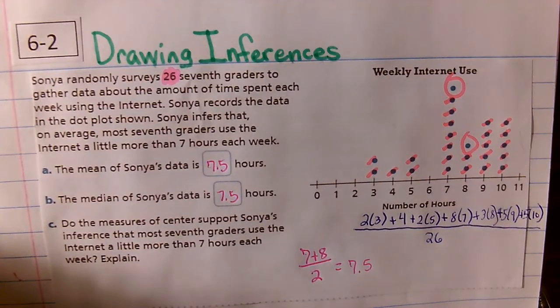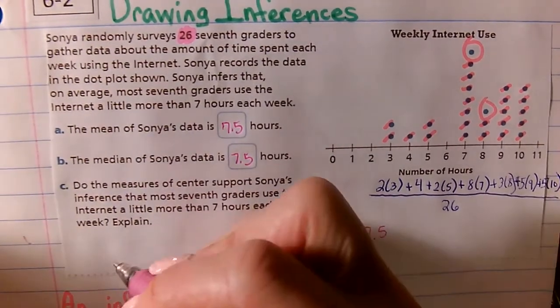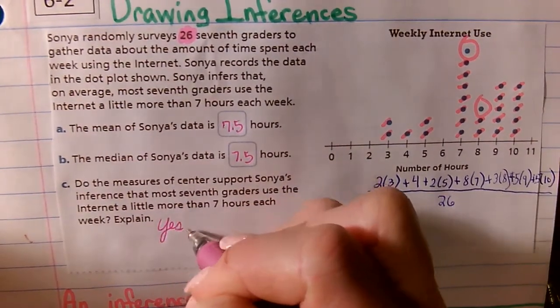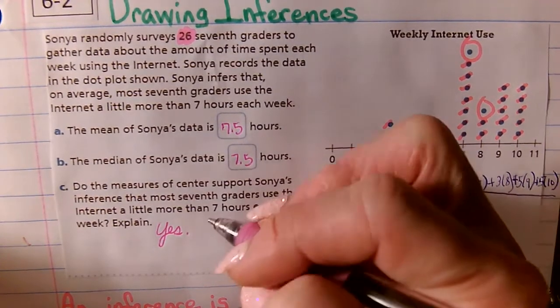Alright, so let's look back at her inference. She said, on average, most 7th graders use the internet a little more than 7 hours each week. Well, 7.5 hours is a little more than 7 hours, so we can say yes. And we can say that because the mean and the median are both a half hour more than her inference.